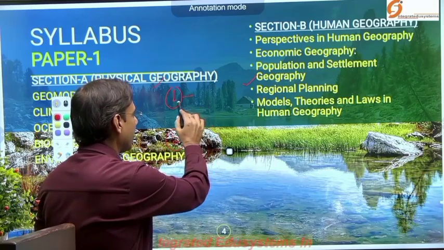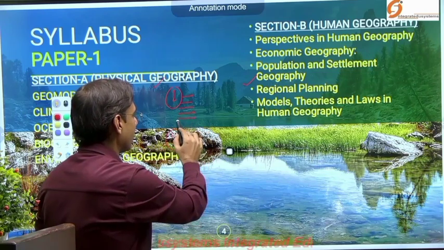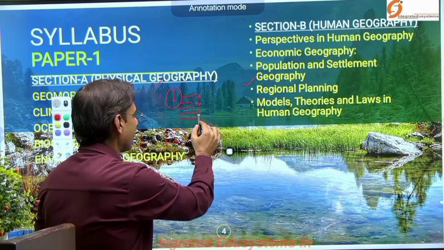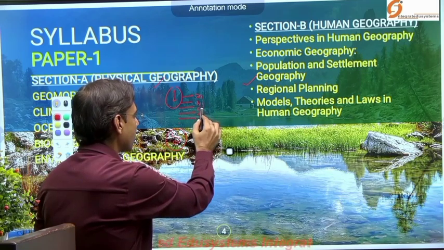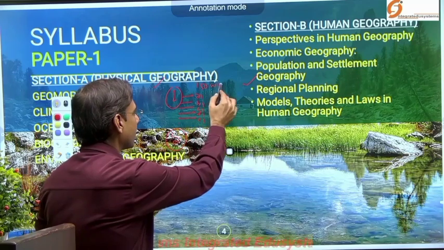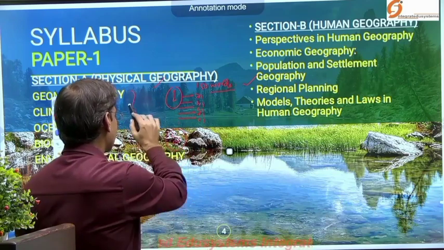When you look at the pattern of the question, what you find is that 5 questions, short notes of 150 words, came from these sections every year.